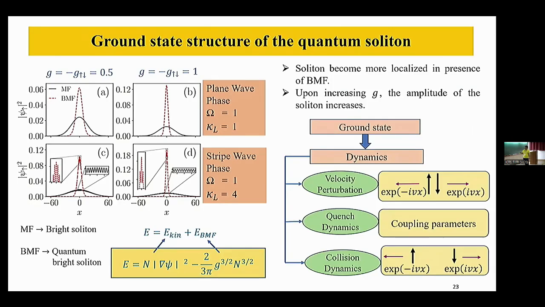One component is given velocity in the negative direction, the other component in the positive direction, and then we have given a quench in several coupling parameters. We have also analyzed the collision dynamics just to understand whether it has the same features as the classical droplet or whether it carries different features.